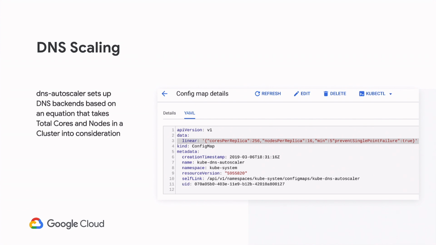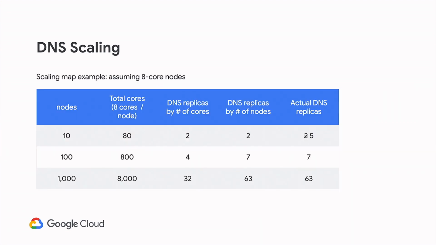So I can put in a setting which says, irrespective of the number of nodes or the number of CPU cores that I may have, I absolutely want a minimum of 5 DNS replicas to be running in my cluster. So I'm no longer bound by the logic of how many CPU cores you have, how many nodes you have. I know I expect to use a lot of DNS. I'm going to be putting in more DNS replicas for myself.